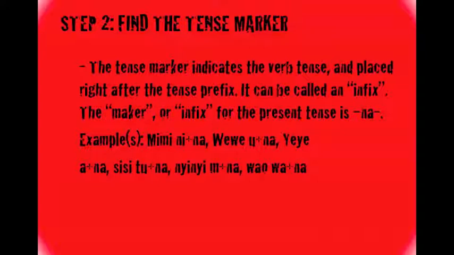So for this example, the first one we have mimi is the subject. So as I said, there's a corresponding prefix for each subject. So for mimi, it's ni, wewe, it's u, yeye, it's a, sisi, it's tu, nyinyi is m and wao will be wa.